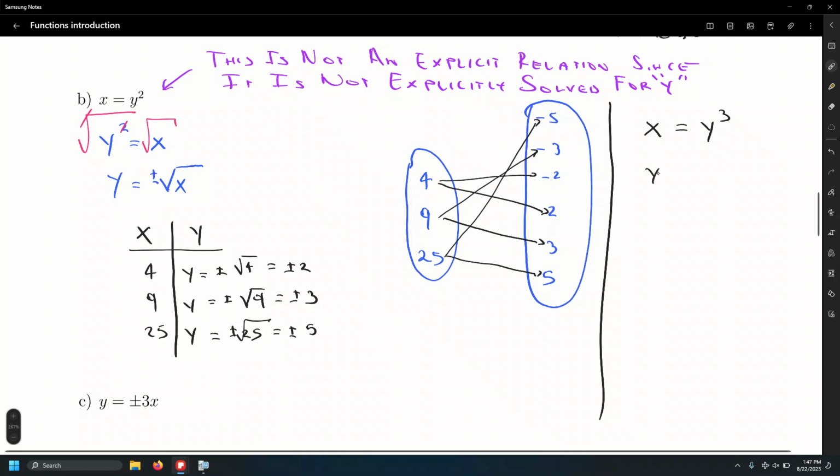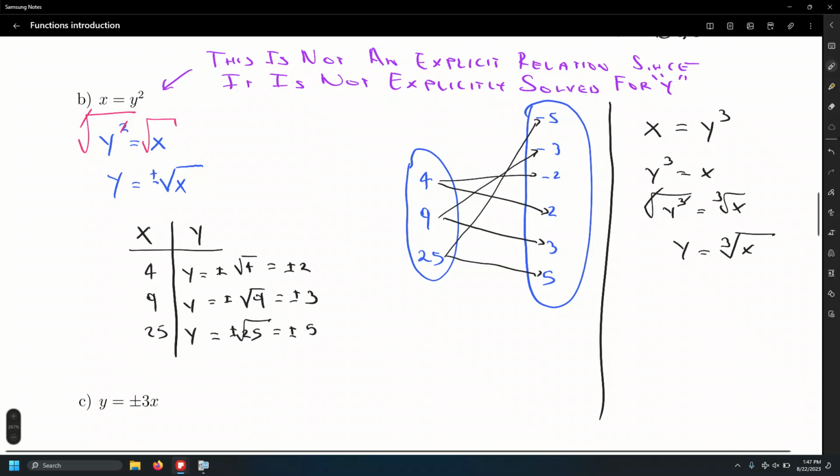Cube root. So y cubed equals the cube root of x, and y equals the cube root of x. And by the way, guys, this cube root doesn't need the plus or minus in comparison with the square root.